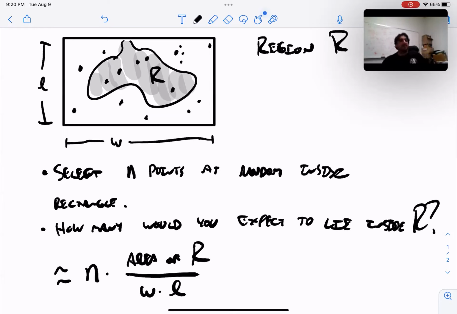Think of that ratio of areas, the area of the gray region versus the area of the box, as a percent. Say that region R occupies 40% of the box. Then with randomly chosen points, you would expect 40% of the randomly chosen points to lie inside R.